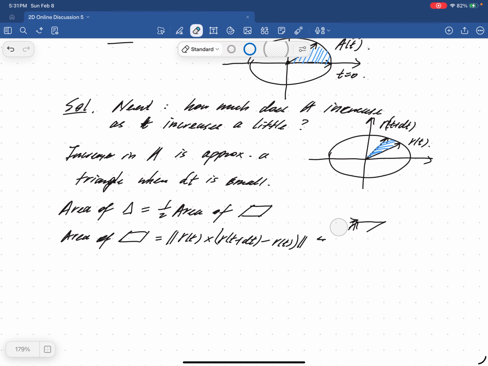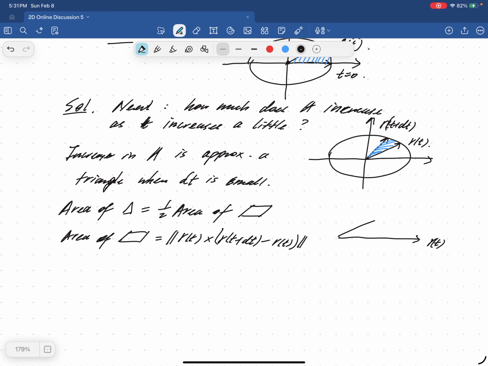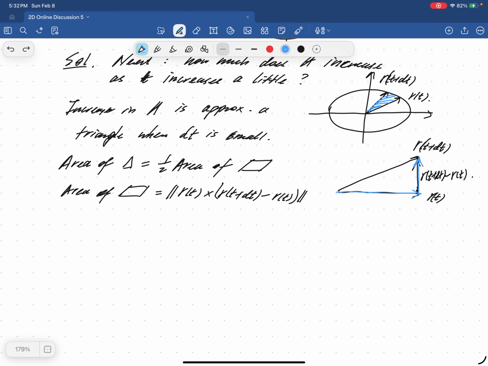Again, let me draw larger. If this is my r(t), this is my r(t + dt), this vector here is r(t + dt) minus r(t). So the area of my triangle is half of the size of this vector cross this vector.